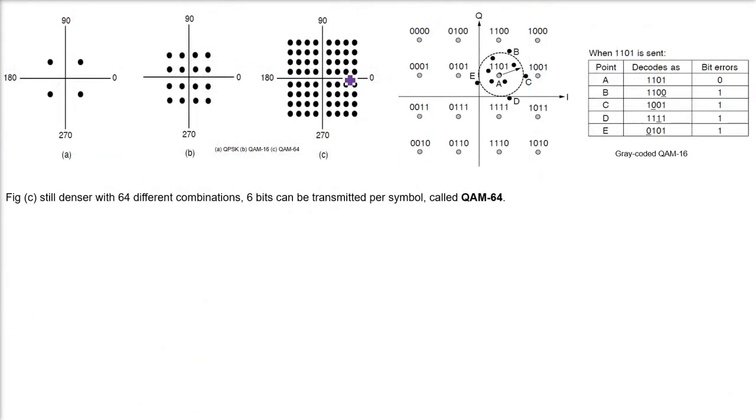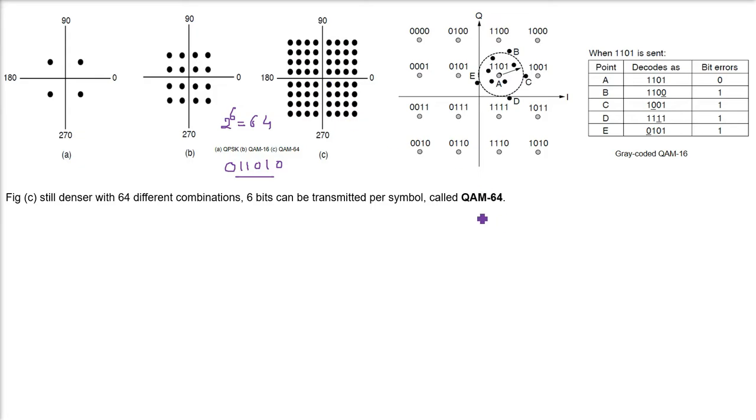Now the third figure you see. This figure is more dense. First one had 4, then 16, then we have 2 to the power 6, which is 64 dots. So we can have 64 different combinations of amplitude and phase. Now we can send 6 bits per symbol.